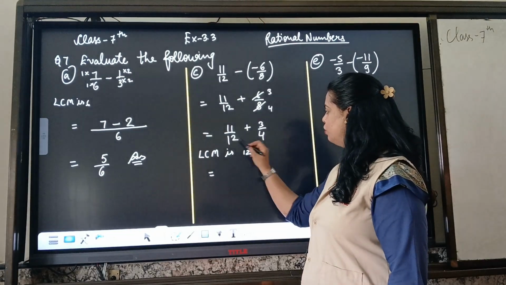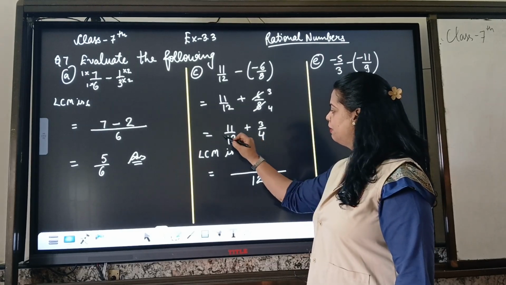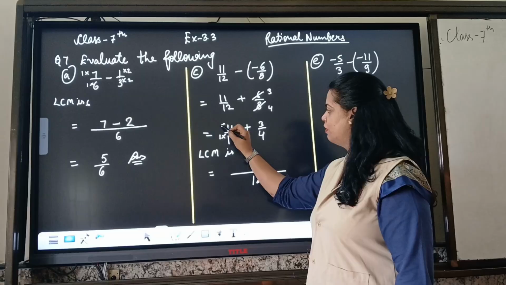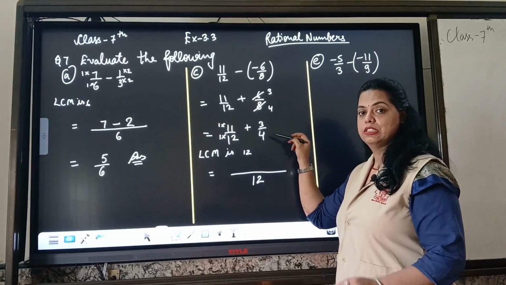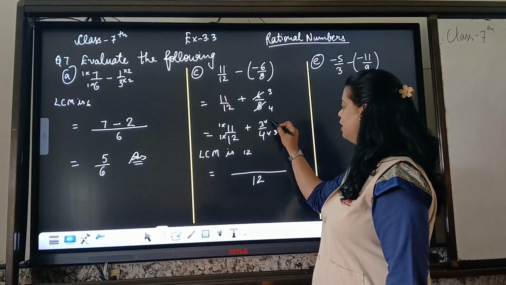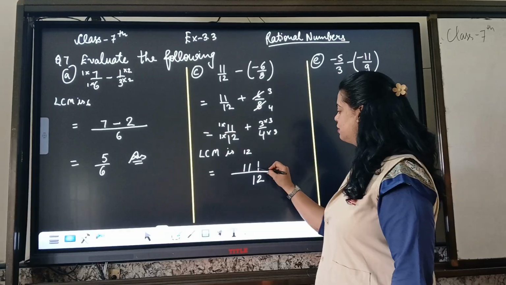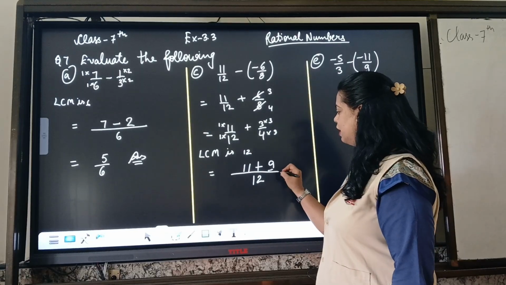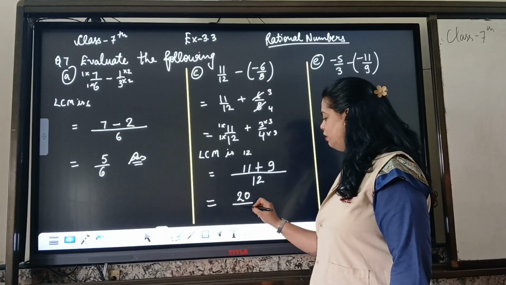So each of the denominators should be converted into 12. Which number is to be multiplied here? 12 is the same value, so I will write 1, and here 4 3s are 12. So I will write 4 multiplied by 3 and the same number here. So it is 11 1s are 11 plus 3 3s are 9. And 11 plus 9 will give you 20 upon 12.